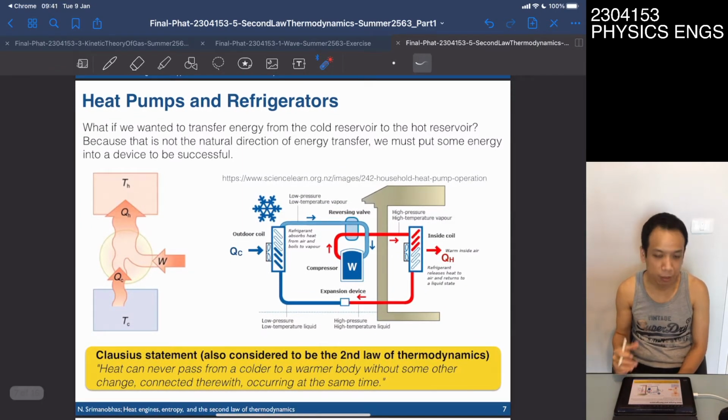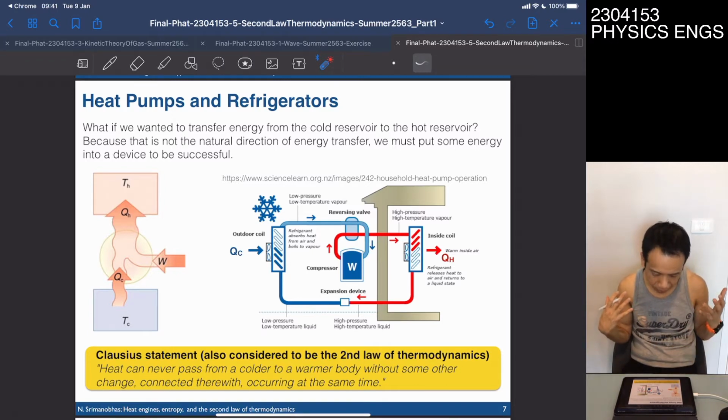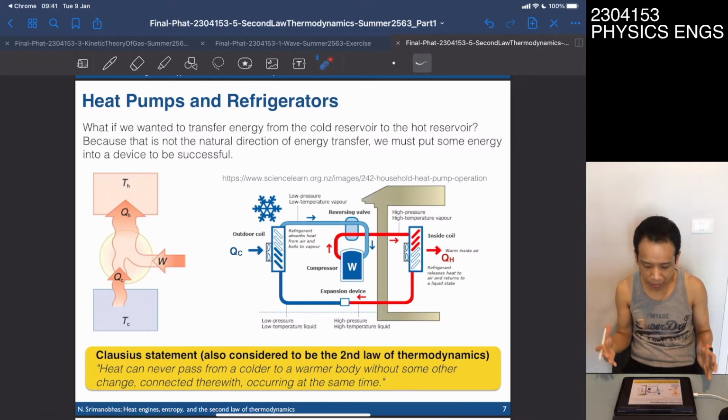If you're looking at the heat pump, it does more or less the same thing but in the opposite way. You would like to have a warmer place. For example, you are in snow countries, in the north, and you put heaters in your rooms, right? And then you would like to make the rooms higher in temperature.